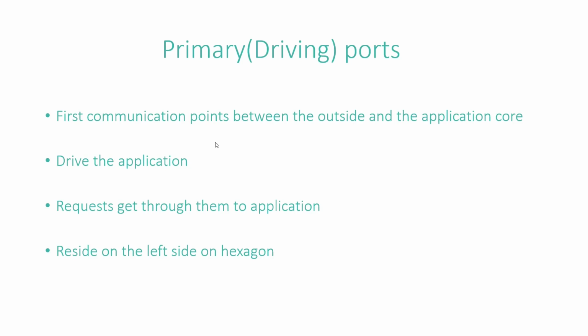This is the first point for communication from the outside. They drive our application, requests go through them, and as I said, they reside on the left side of the hexagon.